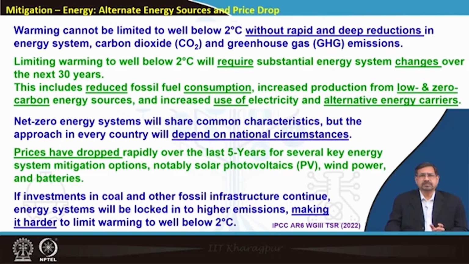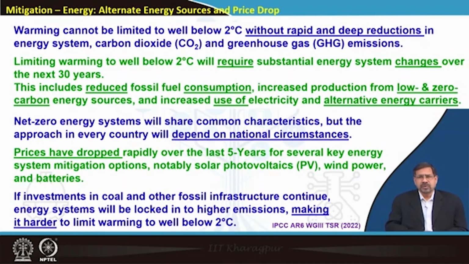So, in terms of alternate energy sources and price drop, warming cannot be limited to well below 2 degrees centigrade. All of us, the world, are talking about arresting the temperature rise below 2 degrees centigrade, because beyond 2 degrees centigrade many more havocs will happen.